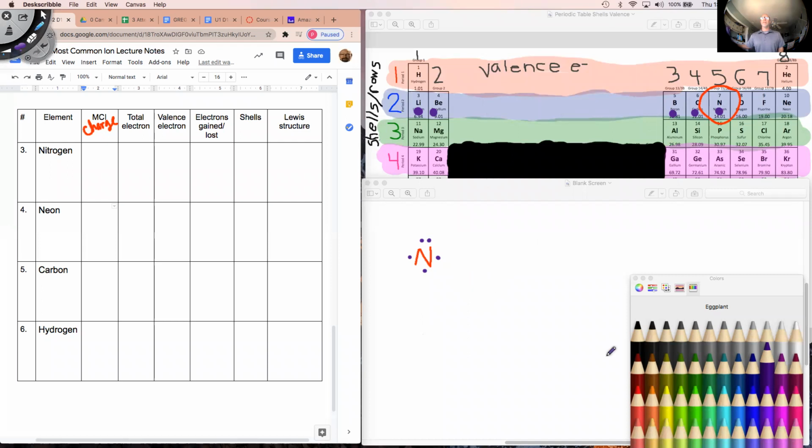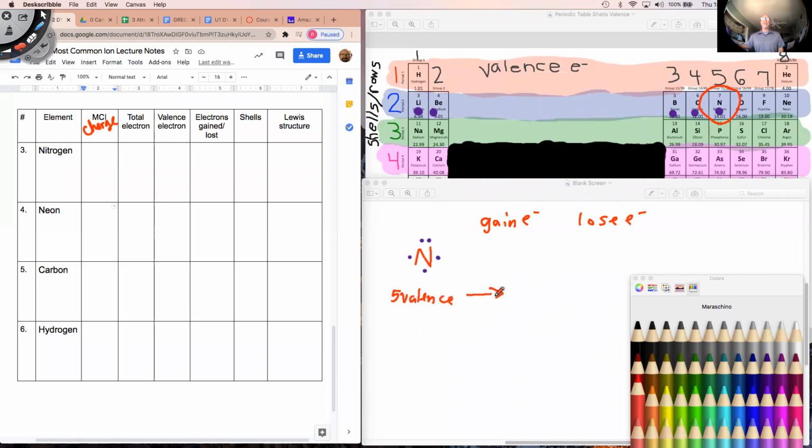8's the magic number. So is nitrogen going to want to gain electrons to get up to 8, or will nitrogen want to lose electrons? So right now, nitrogen has 5 valence electrons.